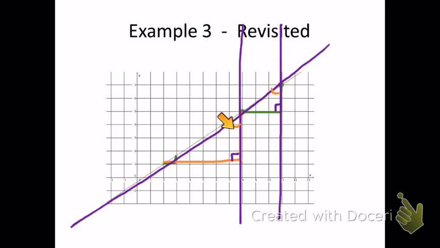They're in the same spot. They're both below the parallel lines and on the same side of the transversal. That makes them corresponding angles, and corresponding angles we know are congruent.